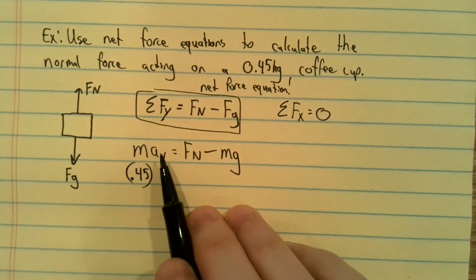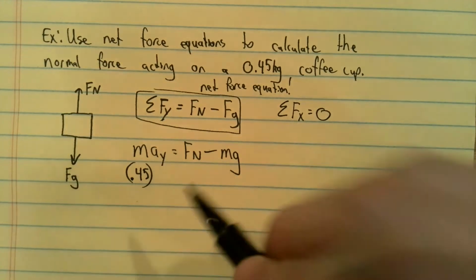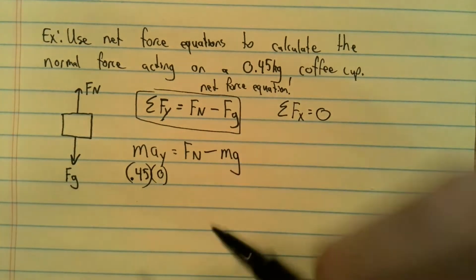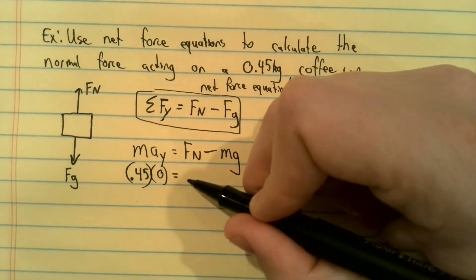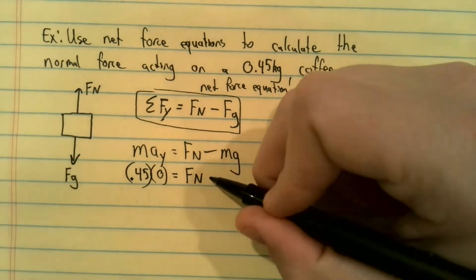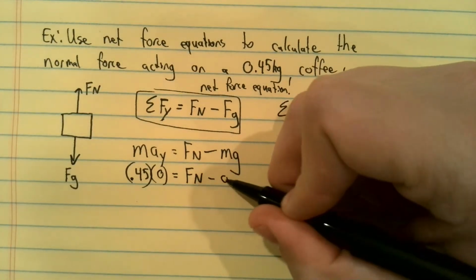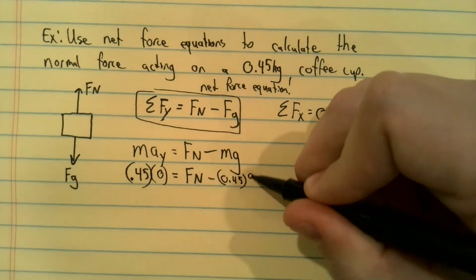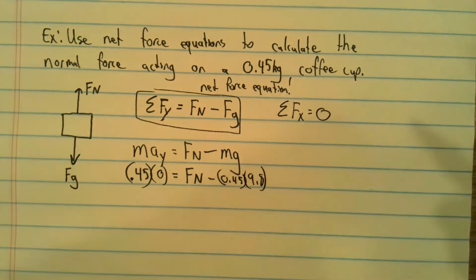I know that the acceleration of the coffee cup is 0 because it's not moving. Fn stays because that's what I'm trying to solve. Going on, I know that m is 0.45, and I know that g is 9.8.